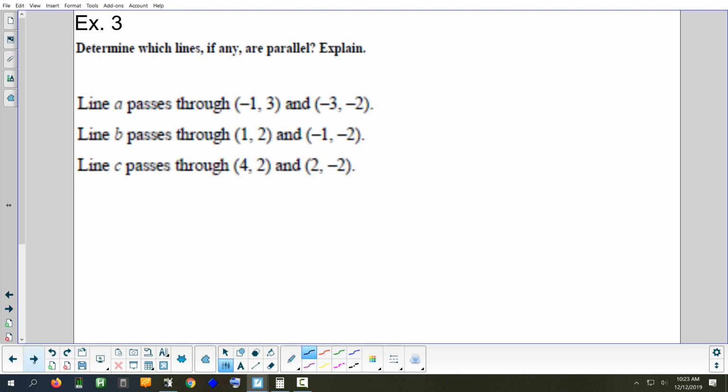All right. So example 3 gives us 3 different lines. Okay? There's a line that passes through these 2 points, a line that passes through those 2 points, and line C passes through those other 2 points. You guys have to write those points in.